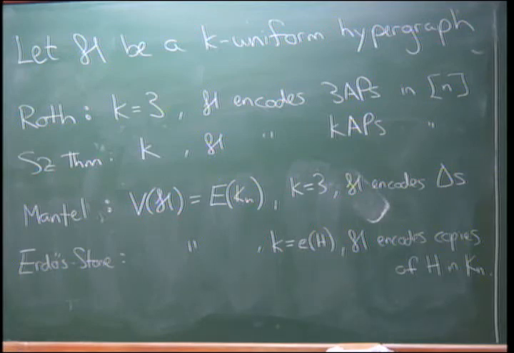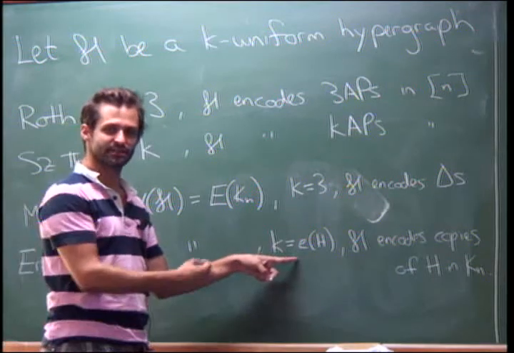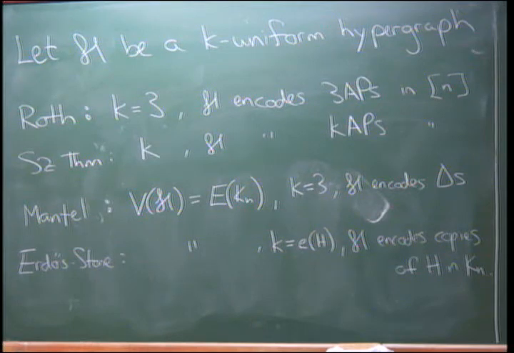So it's a k-uniform hypergraph where k is the number of edges of our small graph H. Does that make sense? Okay.